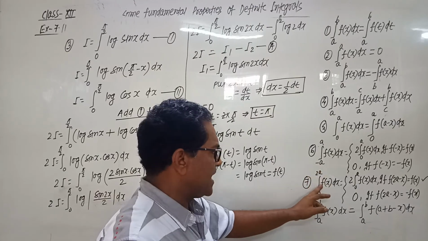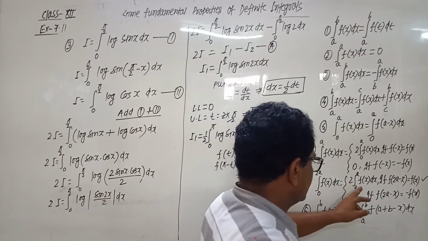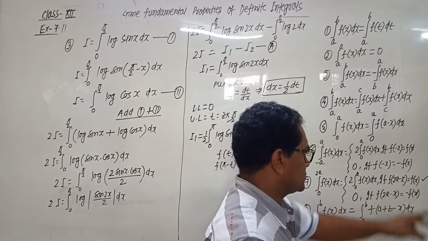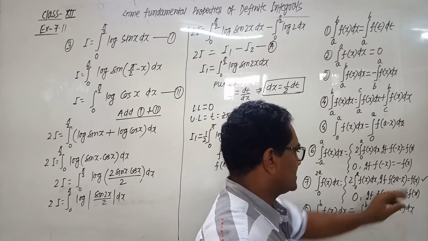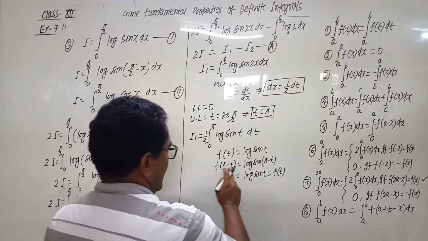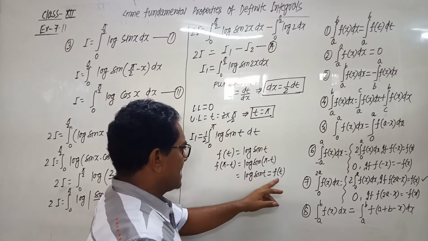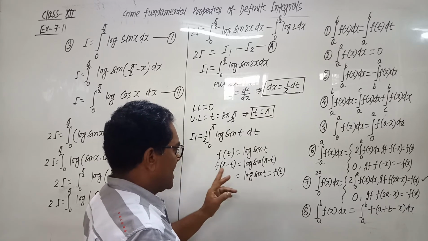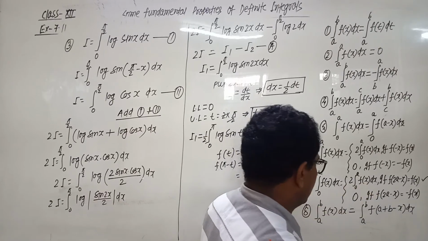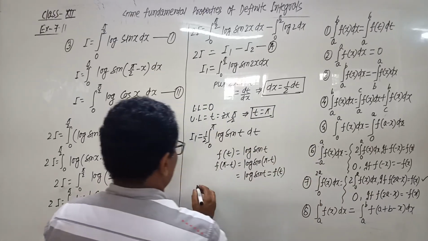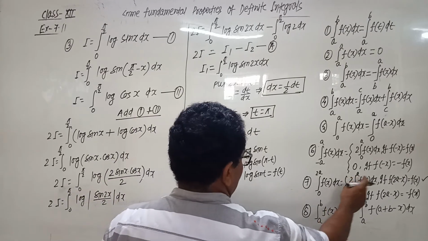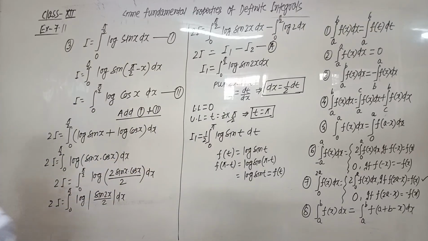Integration 0 to 2a f(x) dx equals twice integration 0 to a f(x) dx, if f of 2a minus x equals f(x). Here 2a means the upper limit, which was pi, and t was the variable. So f of pi minus t becomes f of t. We use this property, and log 2 would be written outside.